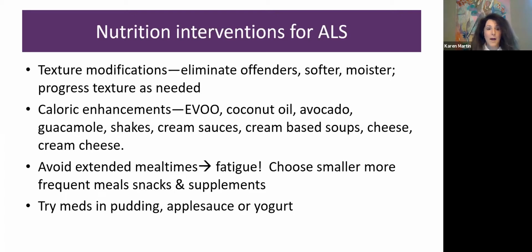We also talk about caloric enhancements. If you're part of the clinic in San Antonio, you probably hear my spiel for how to add more calories per bite. And a lot of these things can just affect the patient and not the family members. So these are things that can just be added individually, so you don't maybe have to cook differently for the entire family, but have a cruet of olive oil on the table.